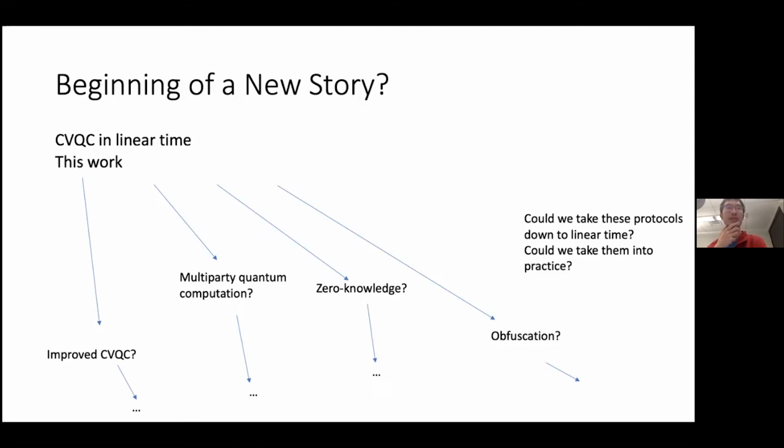For related problems like blind quantum computation, people have some negative evidence, but anyway, blind quantum computation is different from verification. So basically, we don't have any understanding for this problem.